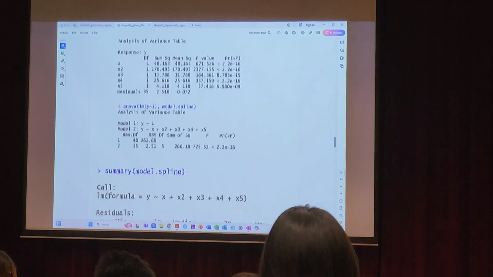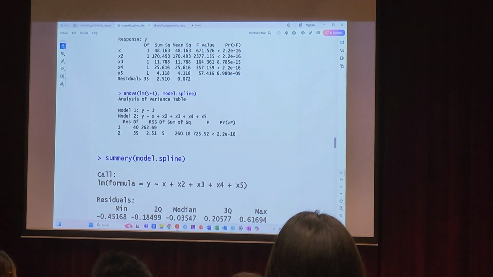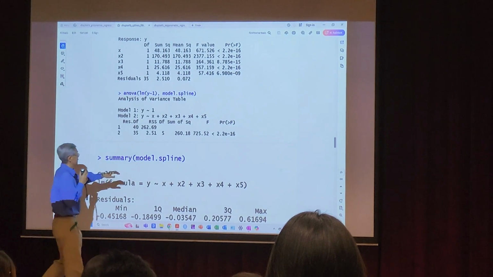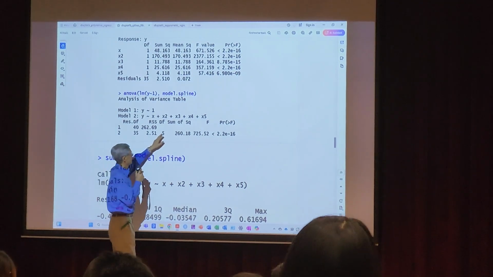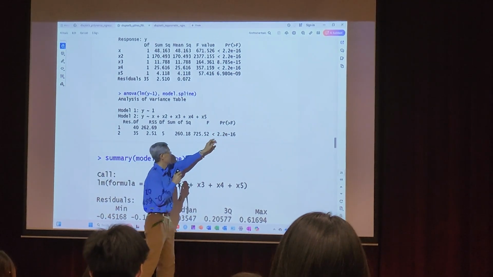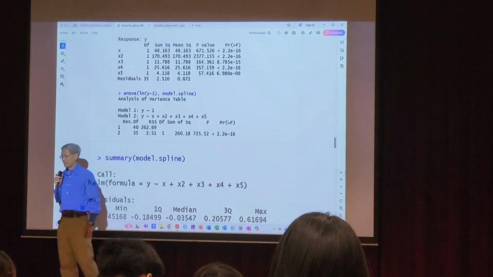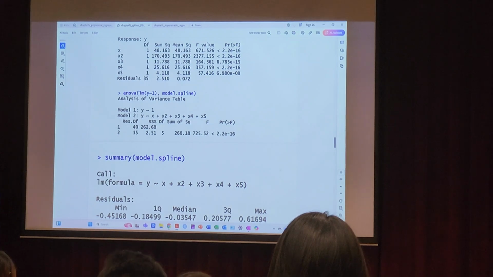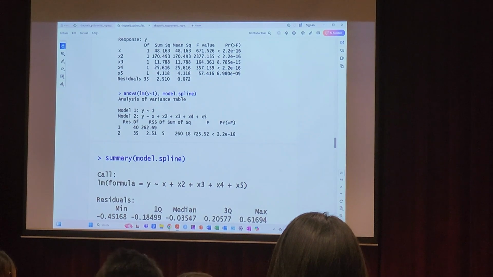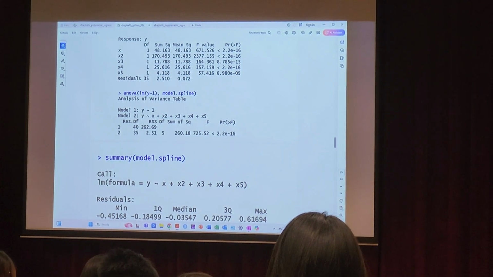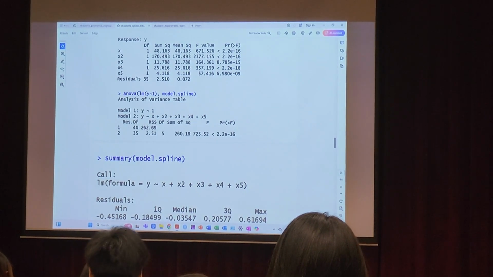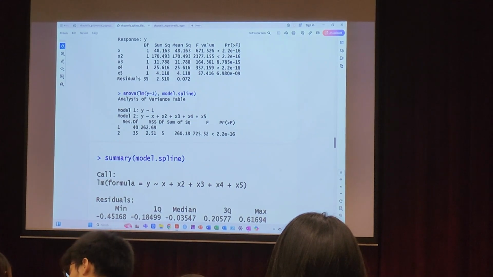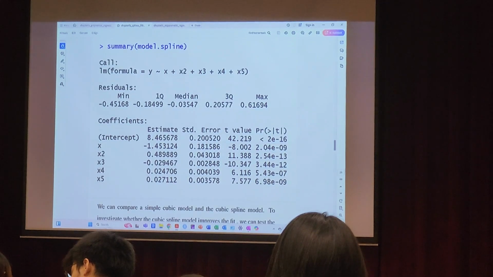You can do an ANOVA on the model.spline that we have fitted, or to test this hypothesis, you need to compare with a constant model, y against beta naught. So let's take a look. To test the entire model, 5 degrees of freedom, the p-value is very small, almost 0. So we conclude that the model is significant. In other words, there's evidence that the alternative hypothesis is true. After that, we see which beta is different from 0.